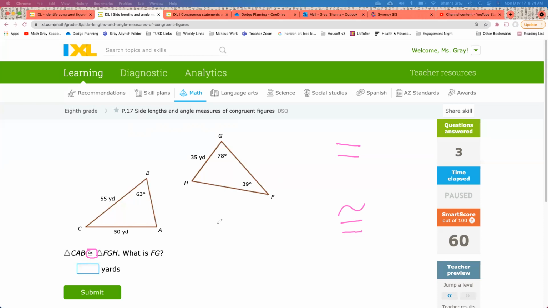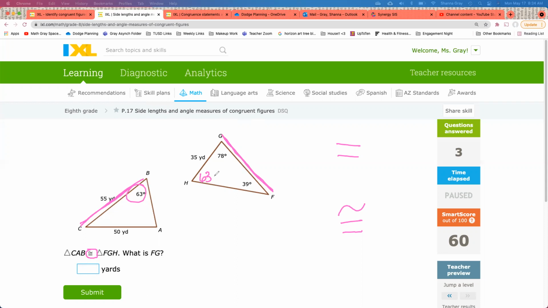So I need to figure out side length FG here, so I just have to match it to the side here, right? 55. So this would be a 55. Ooh, it's not a 55. Let's be a little bit more careful with this. If this is 78 and this is 39, notice here there's a 63, which means this must be 63.